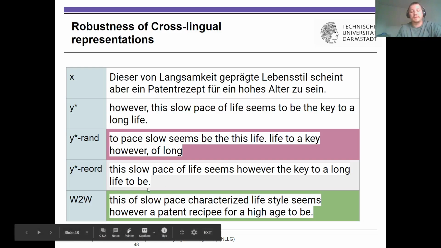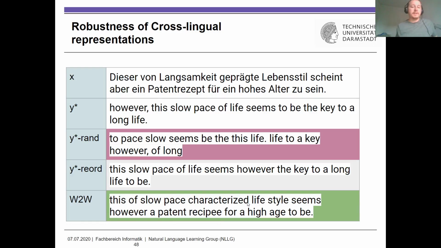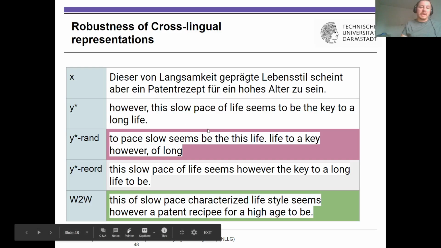"To be" moves to the end. And then finally, a very literal translation. This is already a more literal translation of the input, but even more literal is a word by word translation: this von Langsamkeit of slow-paced, characterized lifestyle seems, however, a patent recipe for a high age to be. So these are the cases that we have here.